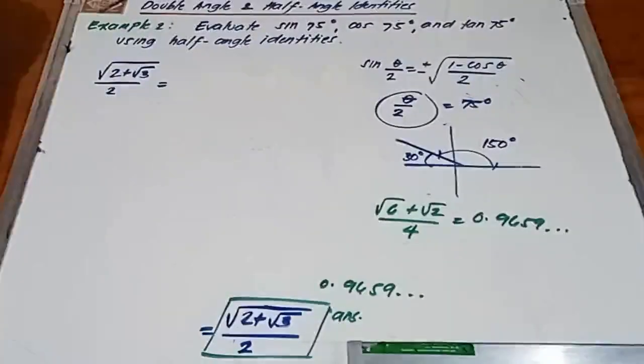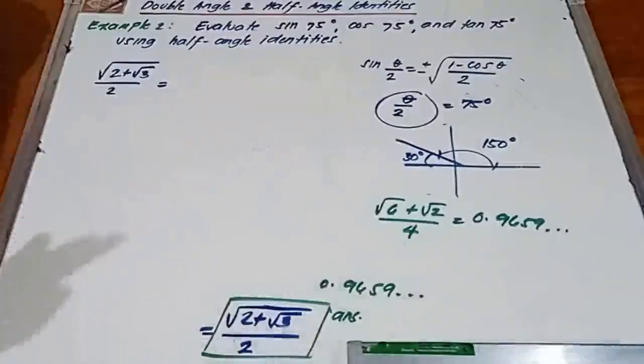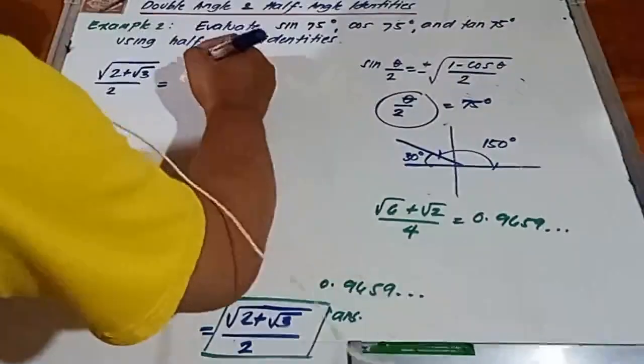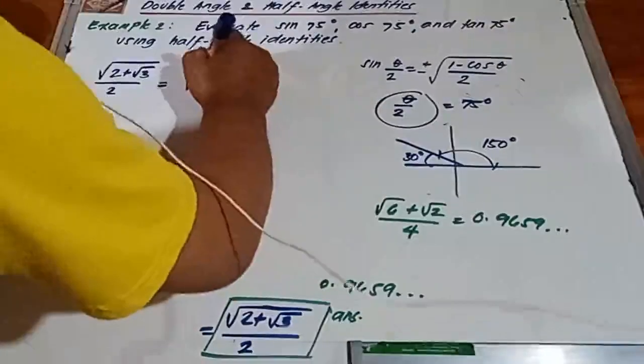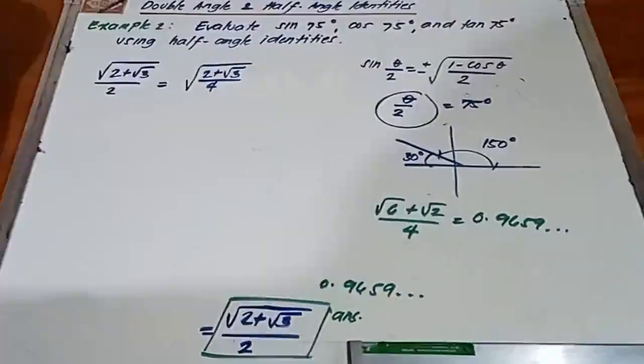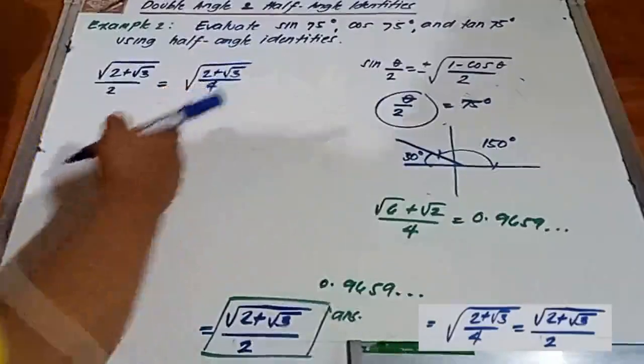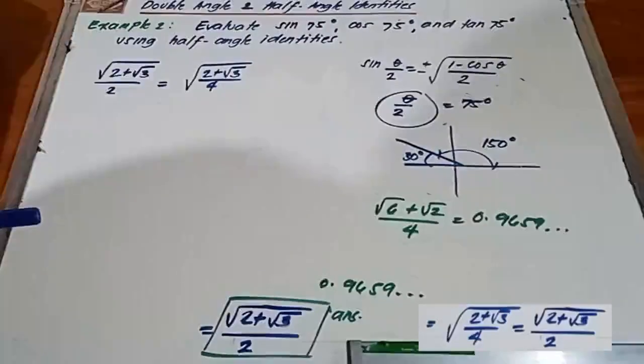So, ipasok muna natin yung 2 sa loob ng radical. Hindi natin sinimplify yung denominator. So, that is the same as square root of 2 plus square root of 3 over 4. Okay? Now, the next is I'm going to multiply the numerator and denominator by 2.